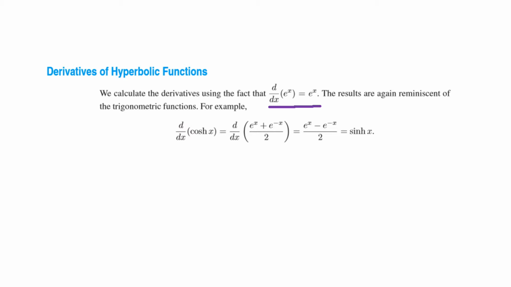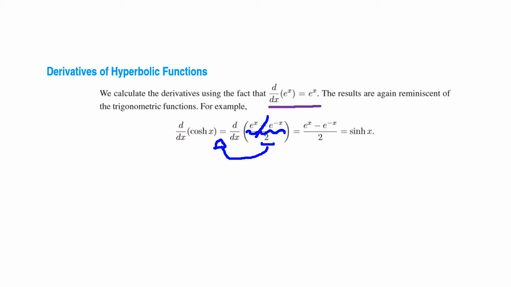For the hyperbolic cosine of x, the derivative will be, if I pull the one half out as a constant, then I have only this sum part of the derivative, so I can separate it.